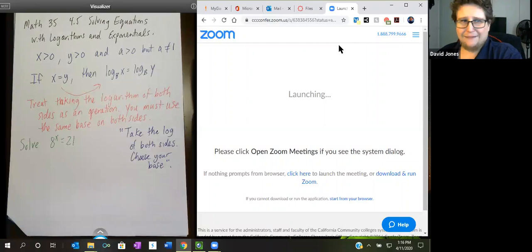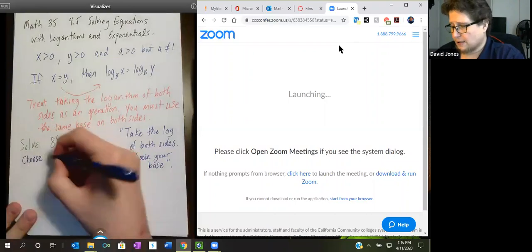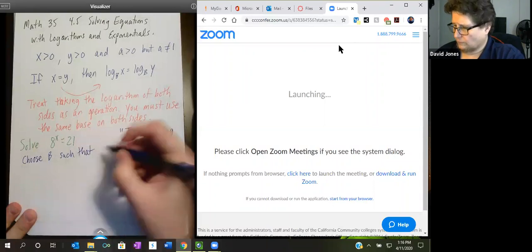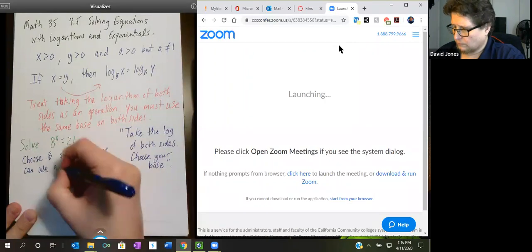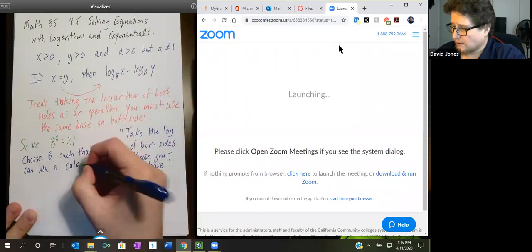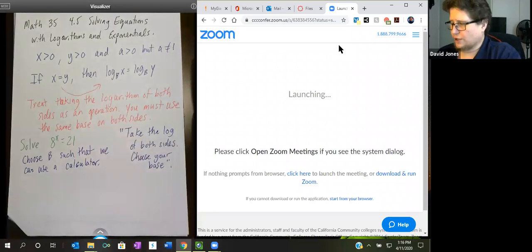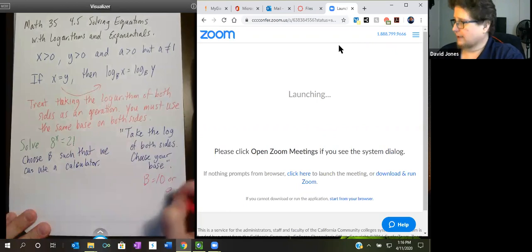But when they don't have anything in common, like 8 and 21, we want to choose the base such that we can use a calculator. So good choices are b equals 10 or e.